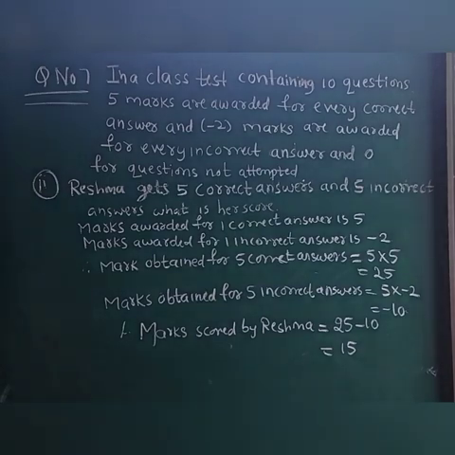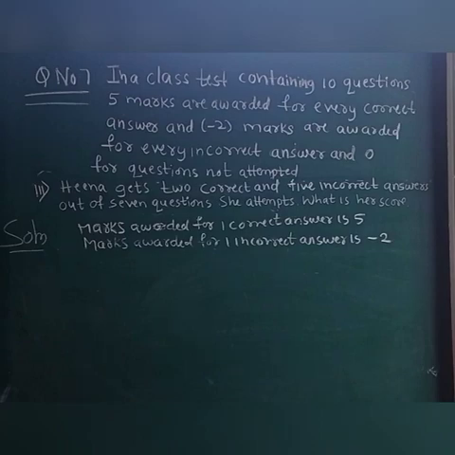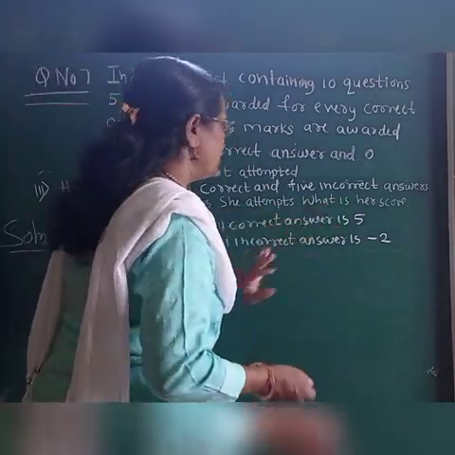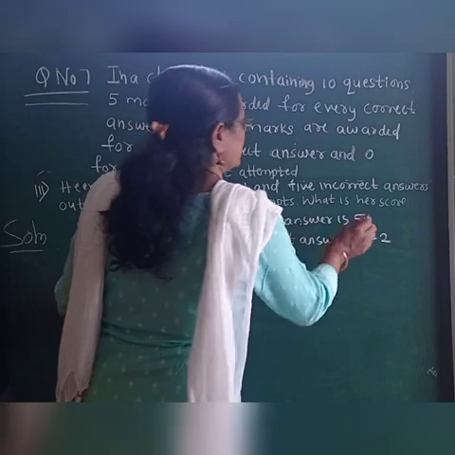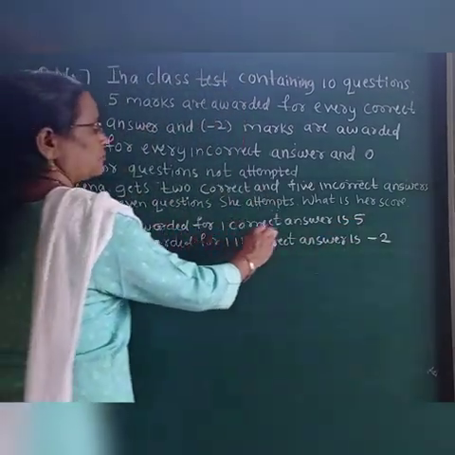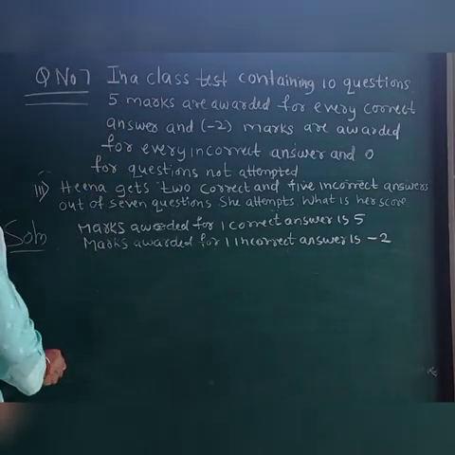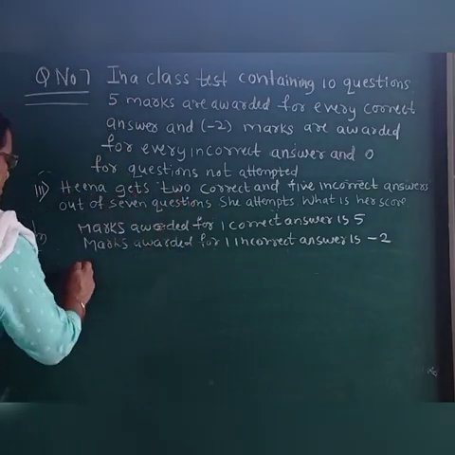One more question is there in this only. Third one. Hina gets 2 correct and 5 incorrect answers out of 7 questions she attempts. What is her score? Okay, here marks awarded for one correct answer is 5, incorrect answer is minus 2. Now Hina gets 2 correct answers.